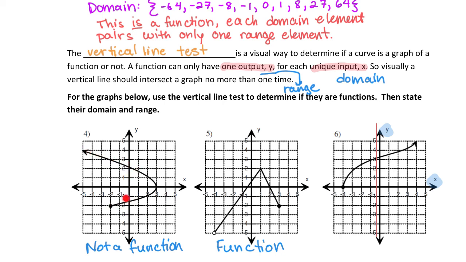So it kind of folds on top of itself. This one never does this. It never folds back on top of itself vertically. This one, I guess if you go this direction, but we don't care about that. We don't want it to fold on top of itself vertically. Horizontally, that's fine. So this last one is a function.